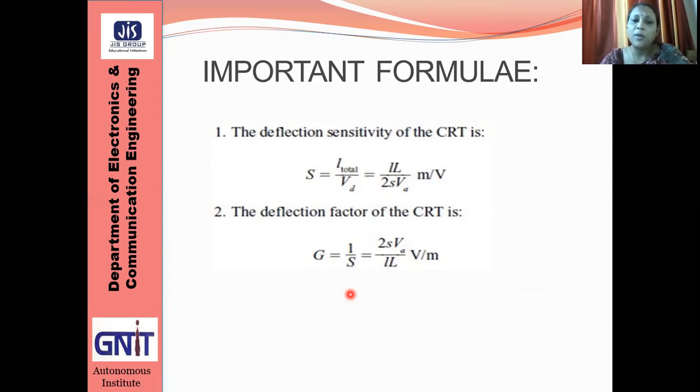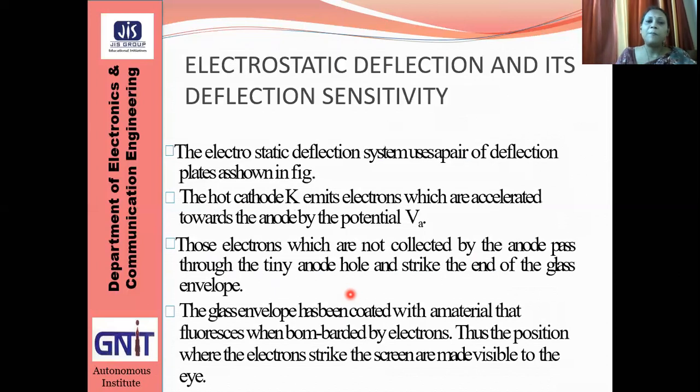So, this is actually the length that has been covered on the screen by the deflection voltage. That's why the unit is meter per volt. And the deflection factor is nothing but the reciprocal of deflection sensitivity, that is volt per meter. So, moving to the next slide.